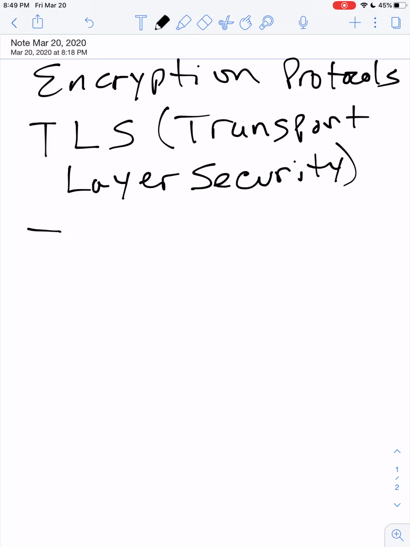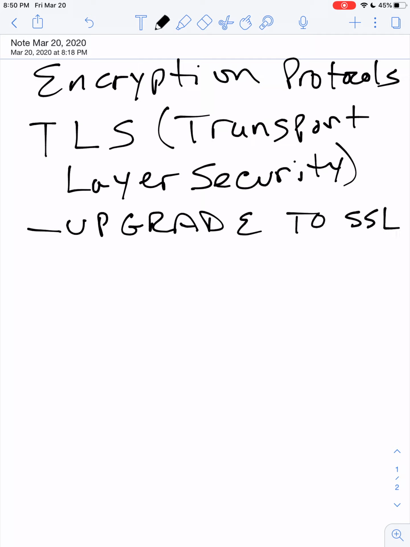This was an upgrade to SSL, and it operates in a lot of ways like SSL. But the one nice part about TLS, there are no application restrictions.